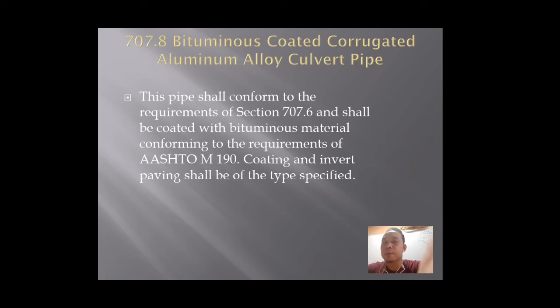Also sub-item 707.8 talks about the bituminous coated corrugated aluminum alloy culvert pipe. These pipes shall conform to the requirements of section 707.6 and shall be coated with bituminous material conforming to the requirements of AASHTO M190. Coating and invert paving shall be of the type specified.